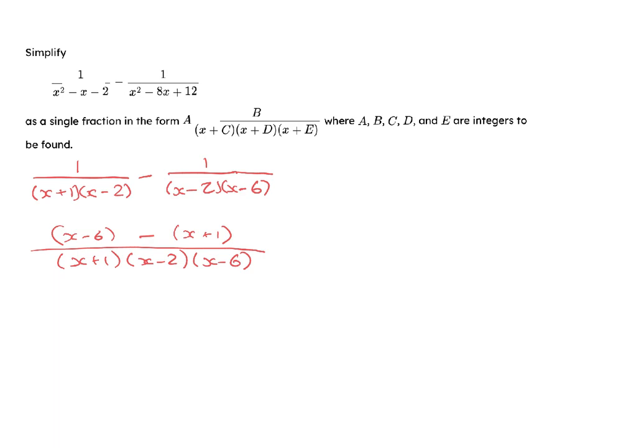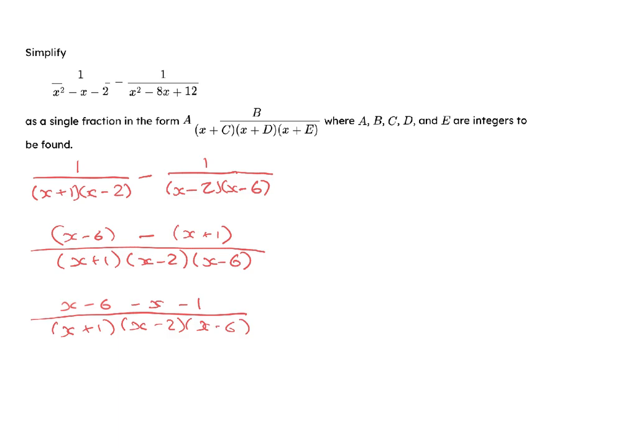Now I can tidy up the top here and I'll leave the bottom alone. Let's just write the bottom in first because that is not going to change. If you look at it, that is already in the format that I want: x plus something, x plus something, x plus something. So let's just tidy up the top. What have I got here? I've got x minus 6, and then I have this minus the bracket, so it's minus x and then minus 1.